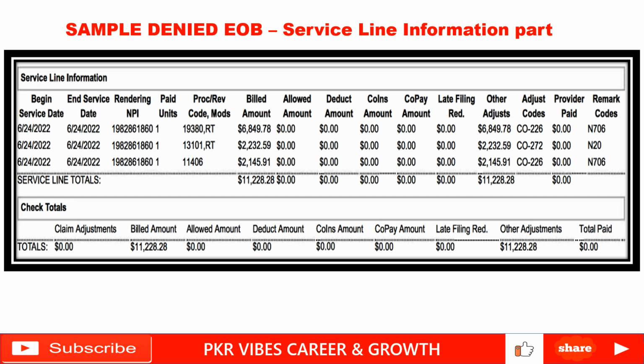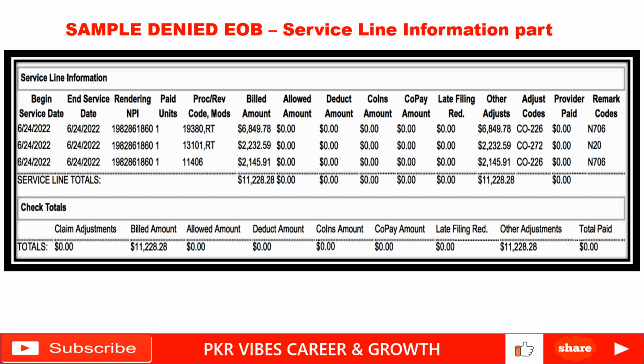And what kind of procedure code is billed on a medical claim form, or what kind of service or procedure is given by the doctor to the patient, that is known as a CPT or procedure code. That we will also see in the service line details. And what kind of modifier is appended to that particular procedure we will also see in the service line details.